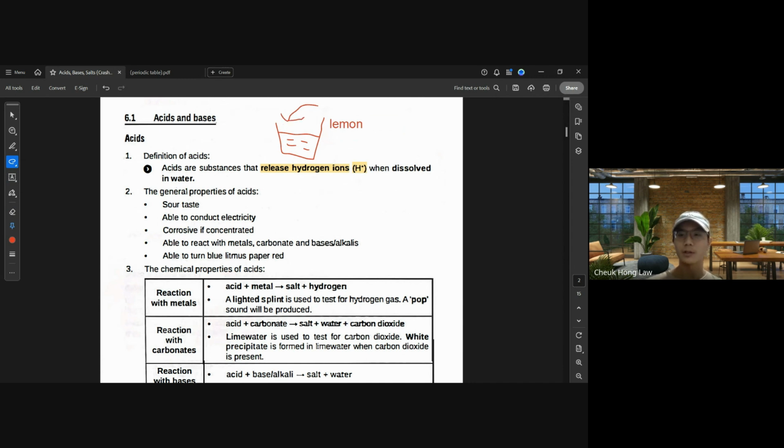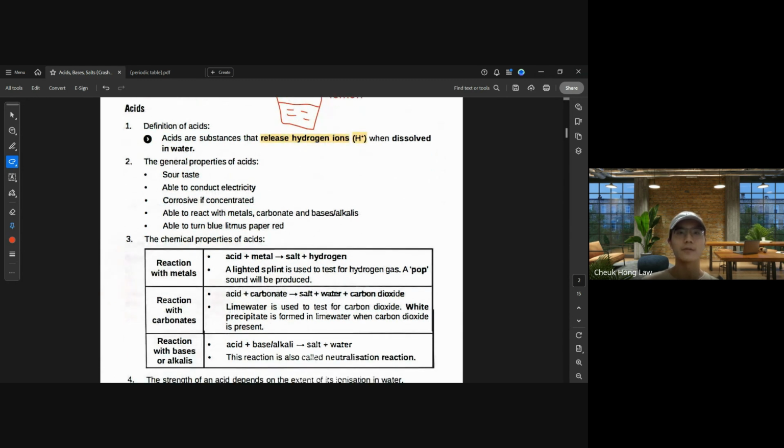What will happen to the water? The water will turn sour, correct? So the lemon actually spreads the sourness throughout the water. Acids are like lemons. When they enter the water, they dissolve and release hydrogen ions. These hydrogen ions then spread throughout the water, similar to how the lemon spreads sourness across the water. So that's the definition of acids.